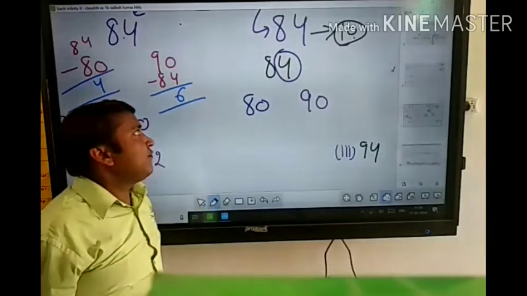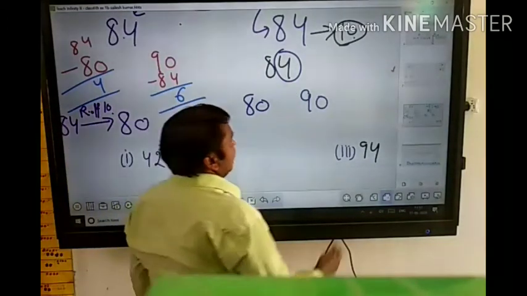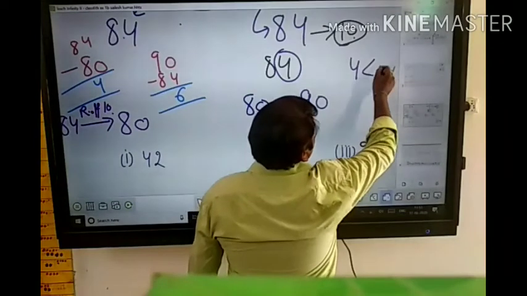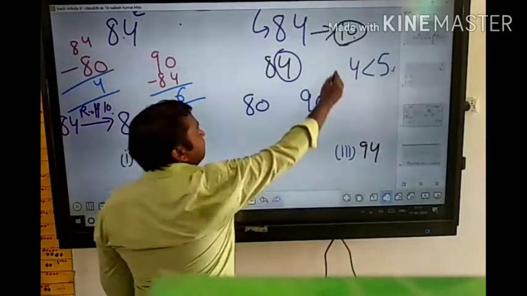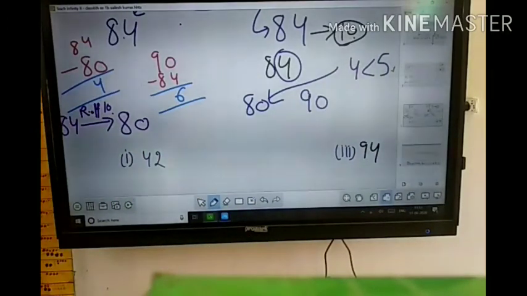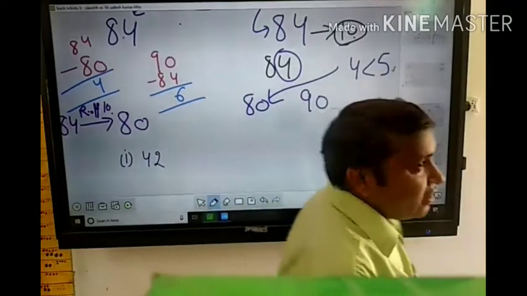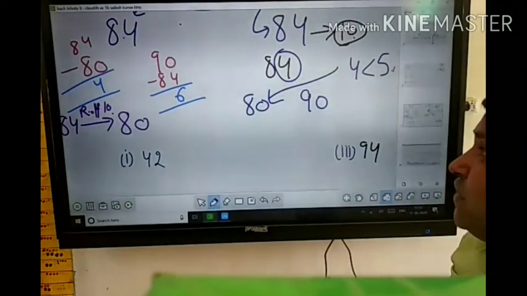Here the digit at the one's place is less than 5. 4 is less than 5. Therefore our answer is 80. Now these were the explanations of both the methods to round off a number to the nearest 10.